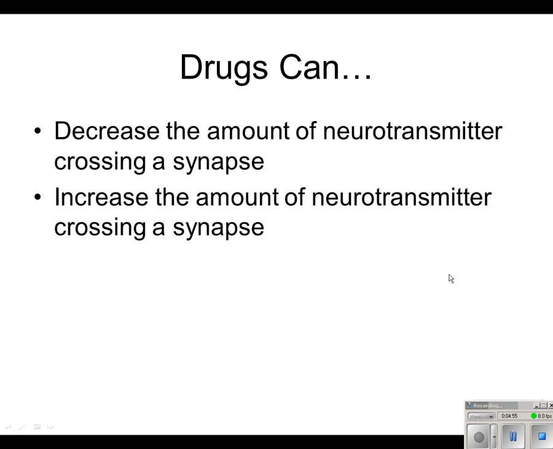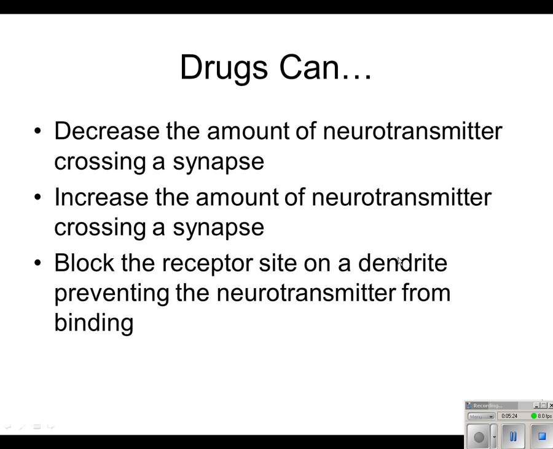And what happens is they fool the brain into releasing a lot of the neurotransmitter, and then what happens is it wears off and the levels drop. So you're actually going to end up feeling good for a little while, and then it's going to drop off. And that's why people become addicts, because they want more of that feeling. And that's because the neurotransmitter is being released too fast.